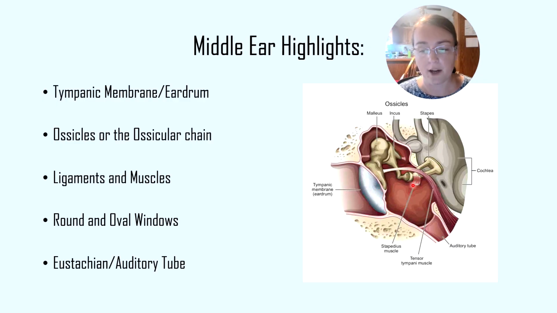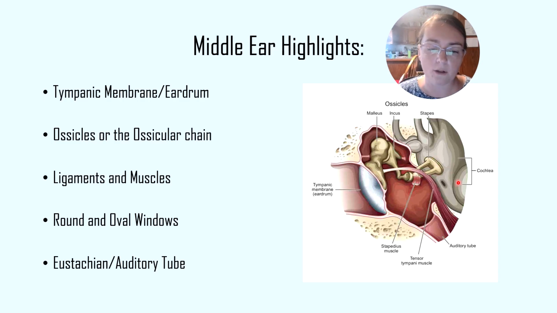But they all vibrate together, so it brings the vibration through here. It makes the stapes go in and out of the oval window on the cochlea. The round and oval windows are also here on the edge. They're entrances to the cochlea. There's a membrane on the round window, and then the stapes is covering up the oval window.